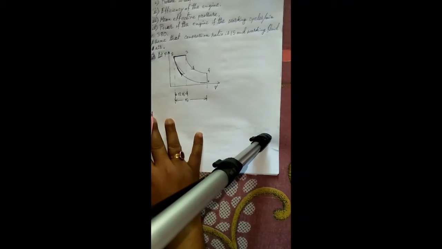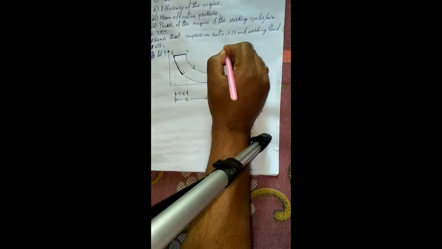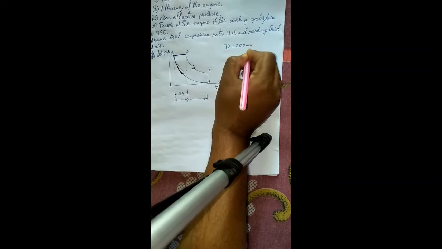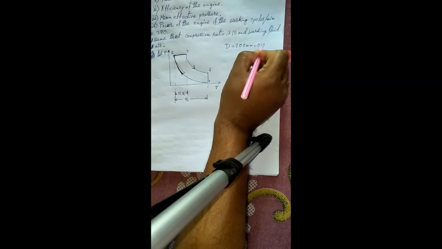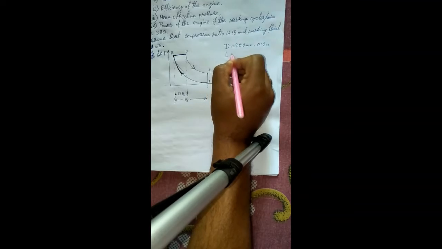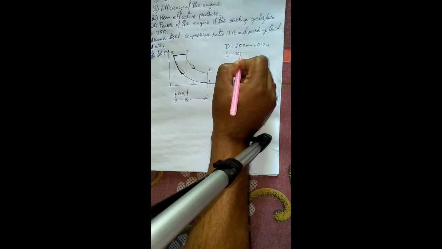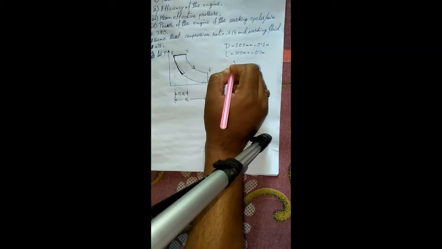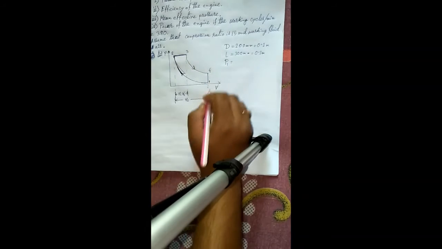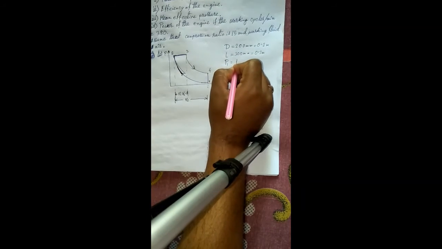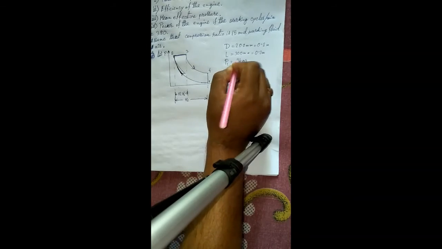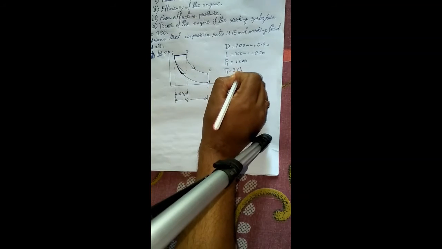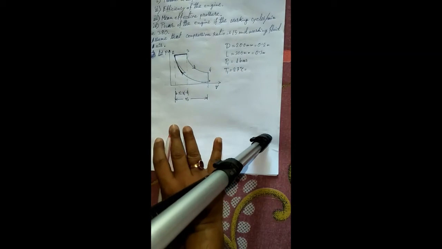So let's start. The bore diameter D is 200 mm or 0.2 meter. Stroke length is 300 mm or 0.3 meter. The initial pressure P1, that means the pressure at point 1, is 1 bar. Temperature T1 is 27 degrees Celsius, that means 300 Kelvin.